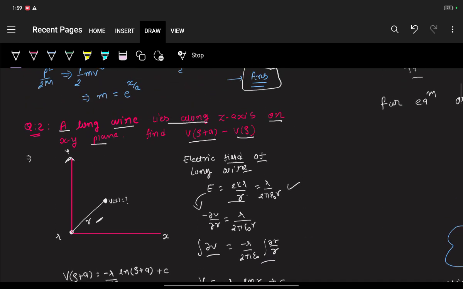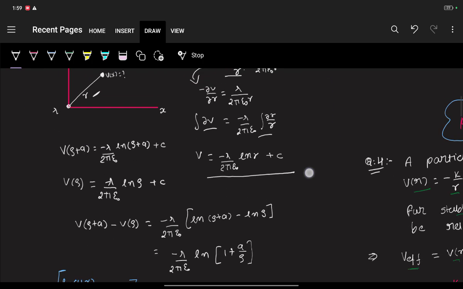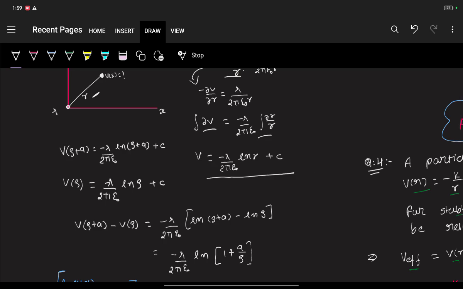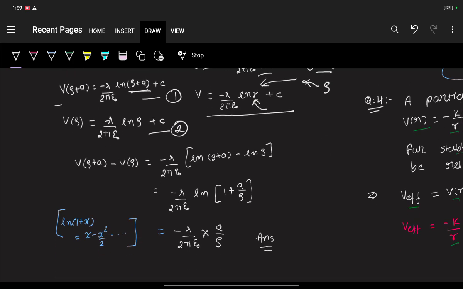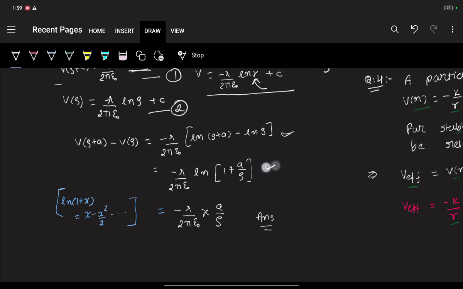But we need to find this V(ρ+a) - V(ρ). So what we are going to do is plug in here first ρ+a and then simply ρ. So by plugging in ρ+a, we will get this expression, okay. Or we can write this expression as, let's say, equation number 1, and by plugging in just ρ, we will get this expression, let's say equation number 2. By subtracting these two equations and calculating, we will get this expression.